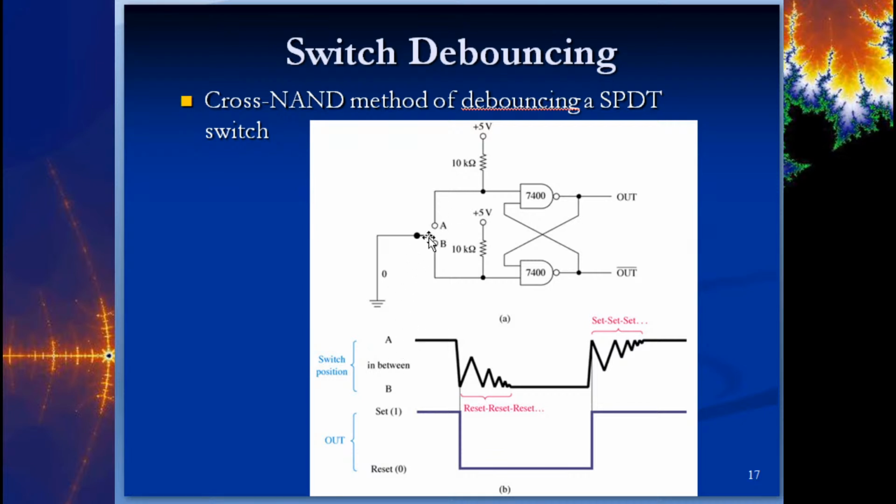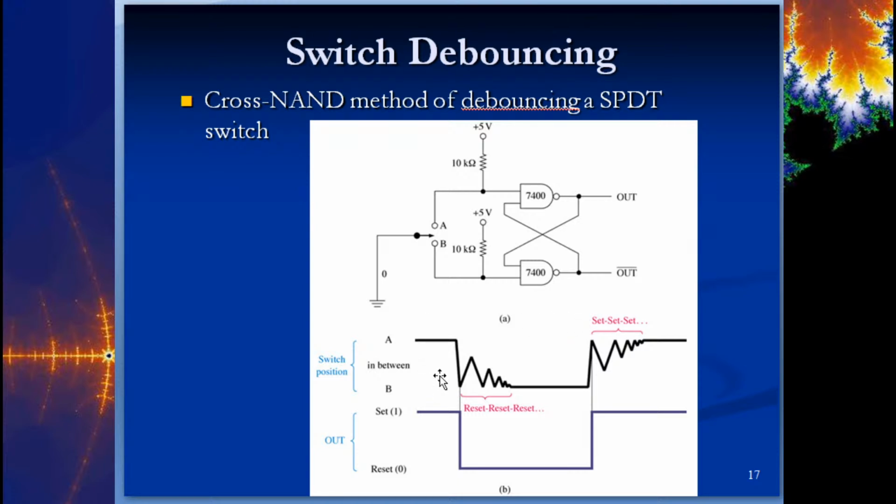So here, apparently we're starting the switch at A, and then we have a set condition on our output. So A is high, and then we go, boom, we switch it over to B. But when it hits B, it ricochets back and forth here and oscillates just a bit. Because we have this cross-coupled NAND scheme in here, it prevents that from adjusting the output to something that we don't want.